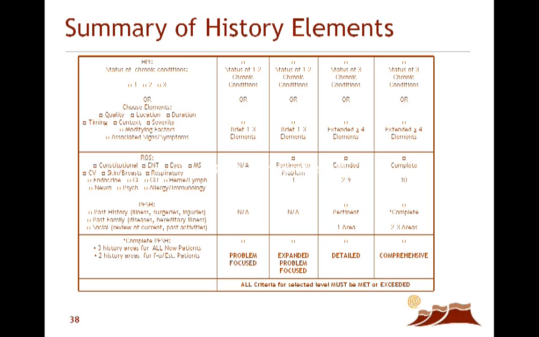I will note in this last category, level 2 and 5, it is hard to meet criteria for that level visit based on E&M criteria unless the patient's pretty sick. That's a general rule.